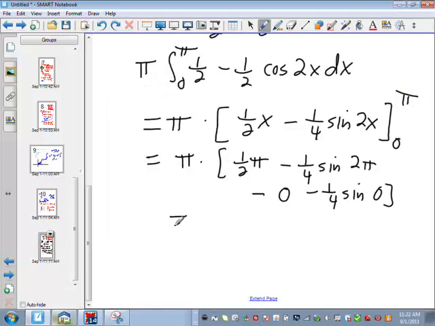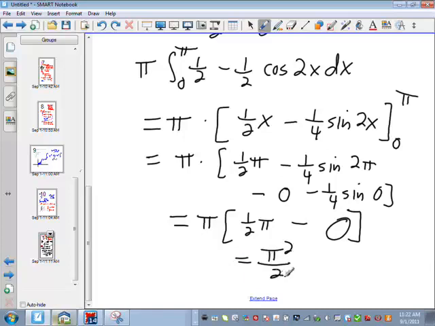And this is equal to pi times 1/2 pi minus nothing. And that is pi squared over 2. So the observation, once you make the trig observation, then it follows pretty straightforward.